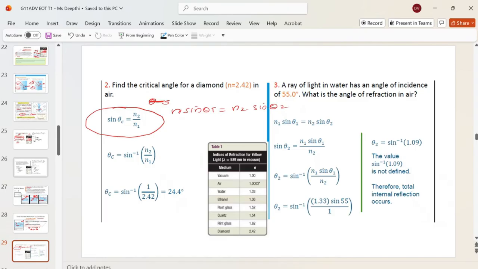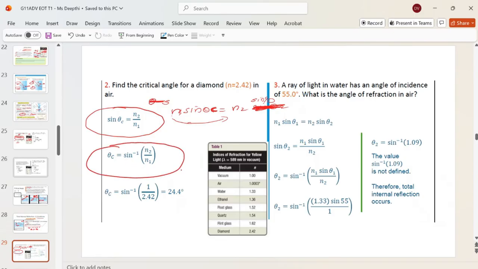So when the angle of incidence becomes critical angle, theta 2 becomes 90 degrees and sine 90 is equal to 1. So this is how you rearrange the equation. The N1 will go to the other side and come in the denominator. So sine theta C is equal to N2 by N1.